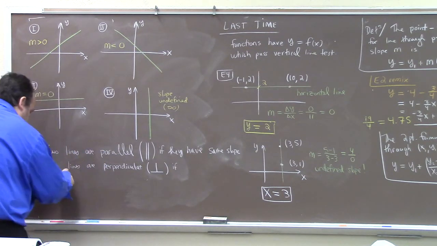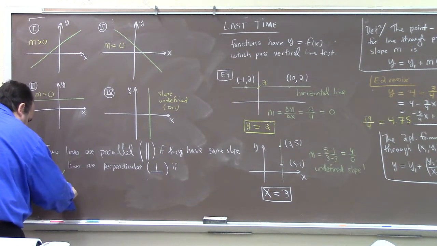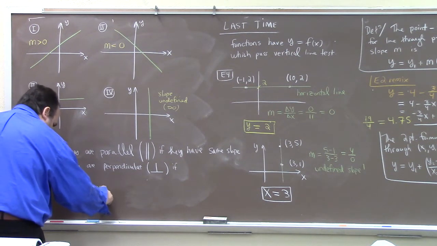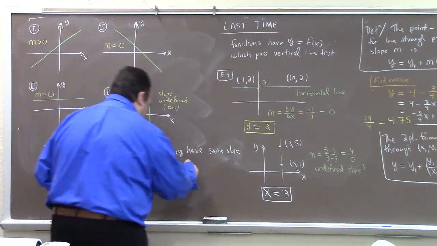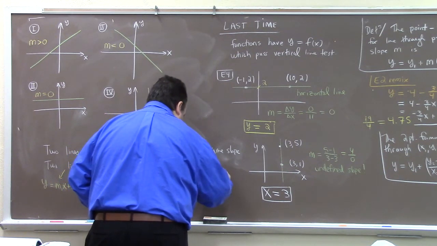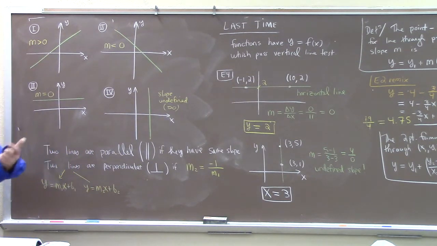Let's say one line is y equals m1 x plus b1, and the other one is y equals m2 x plus b2, all right? They're perpendicular if m2 is equal to minus 1 over m1, or if one of the slopes is 0 and the other is undefined. You see why it's tempting to use infinity there, like 1 over infinity is 0.